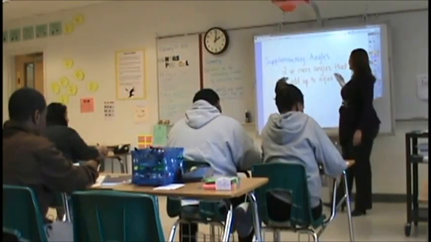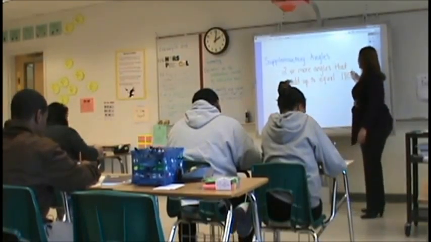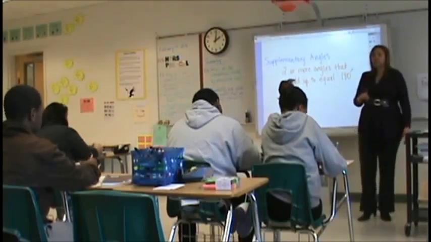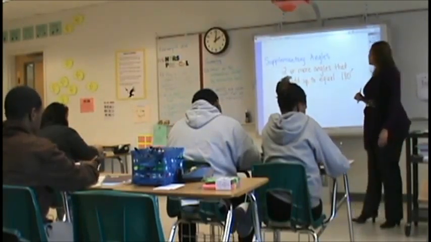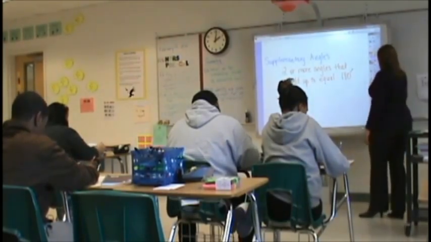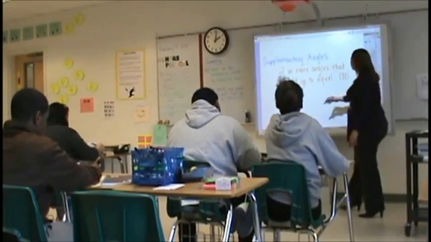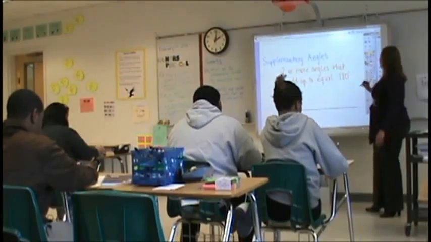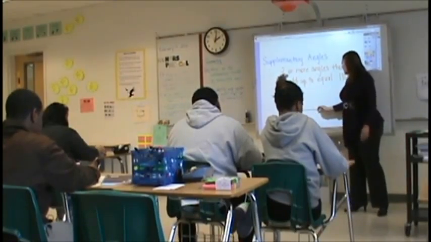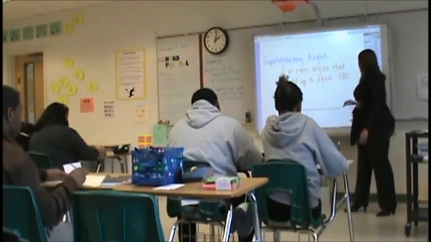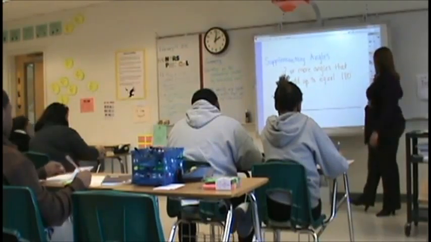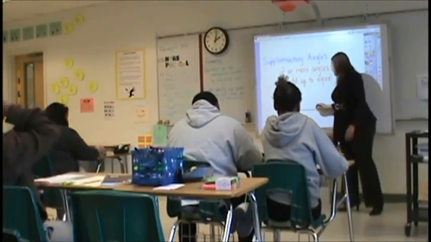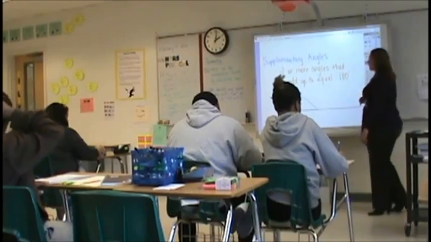If I equal 180, what am I again? A straight line. So supplementary means that I would have a straight line, but at some point I am adding another angle in there.